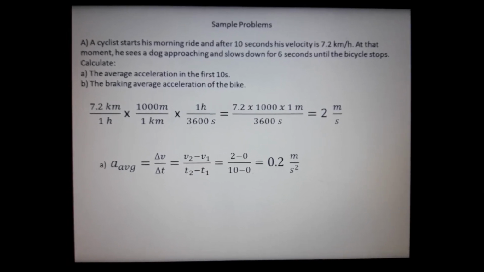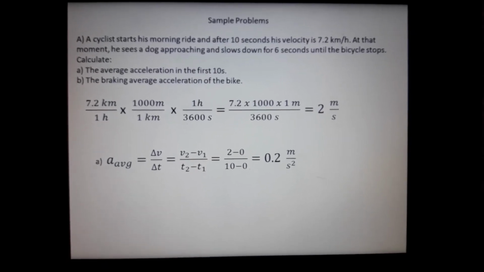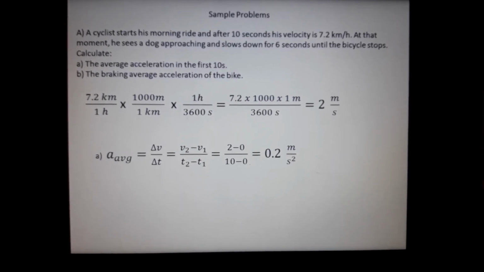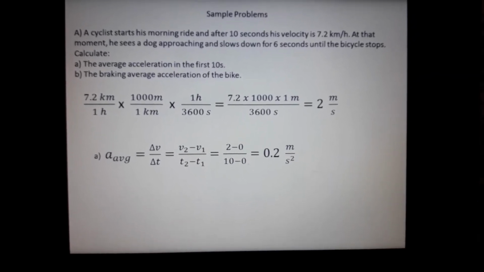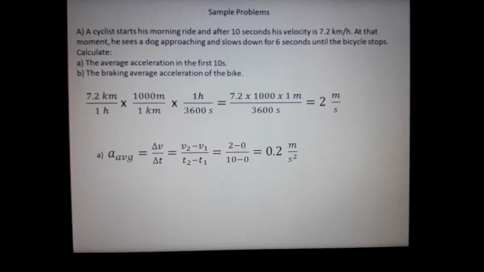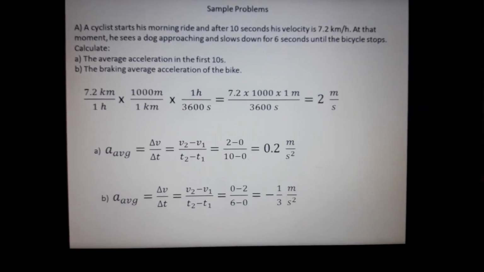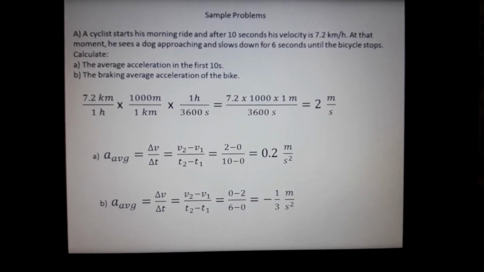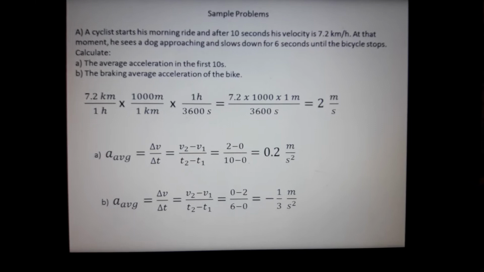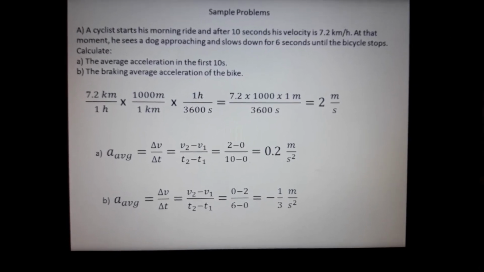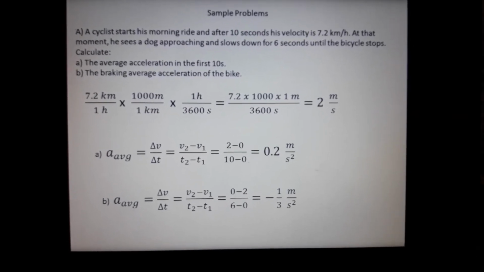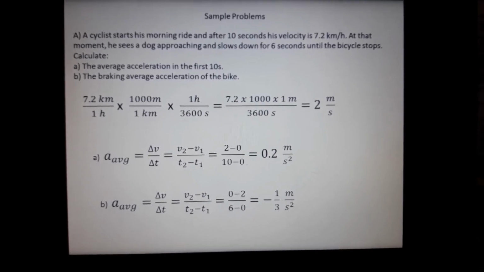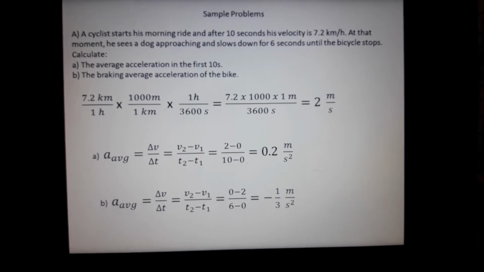Let's go to see letter B. In letter B, we want the braking average acceleration of the bike, because the cyclist is stopping in 6 seconds. So we have 0 minus 2, because it's deceleration. The final velocity is 0 and the initial is 2, and we have minus 1 divided by 3 meters per second squared.